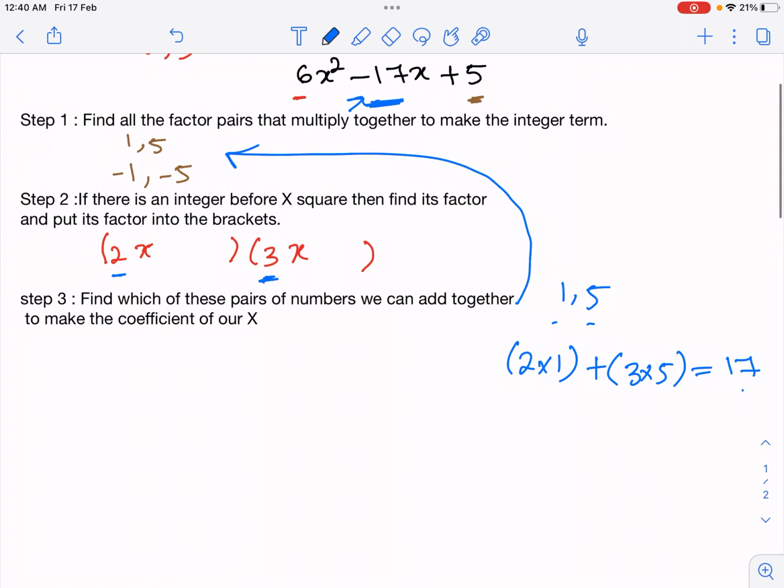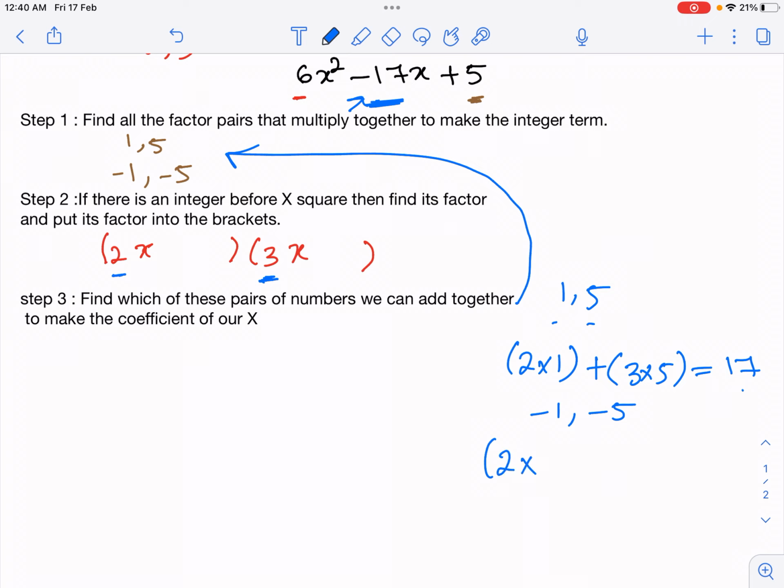We are going to try the second pair, which is minus 1 and minus 5. Again we repeat the same thing. Since in the first bracket we multiplied x by 2, the first number we multiply by 2.